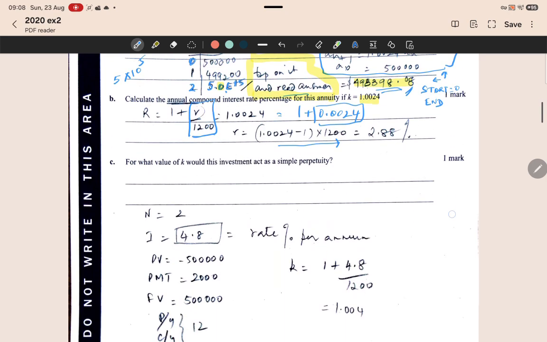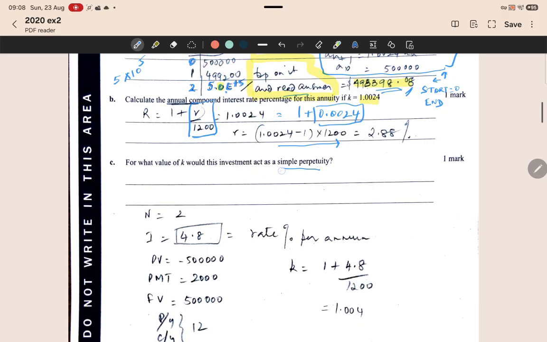Okay. For what value of K would it act like a perpetuity? Now, what's the concept of perpetuity? The money that you put in is the money that you take out. It doesn't add, it doesn't increase or decrease in value.